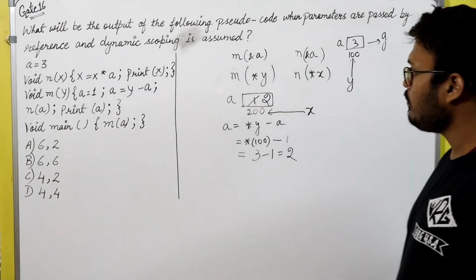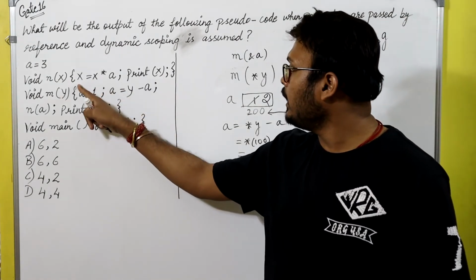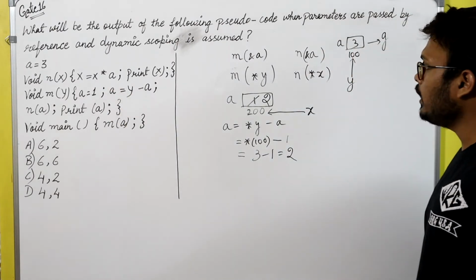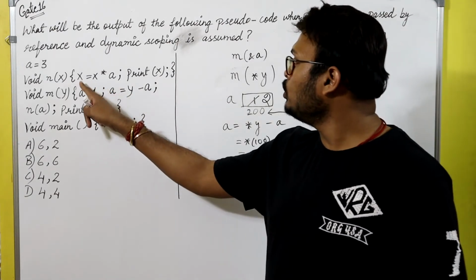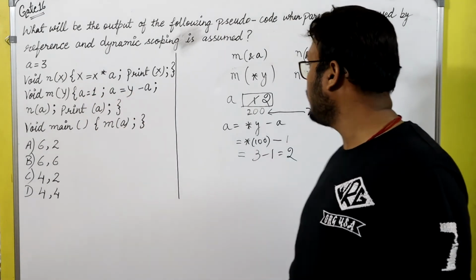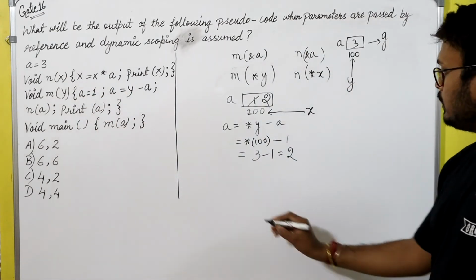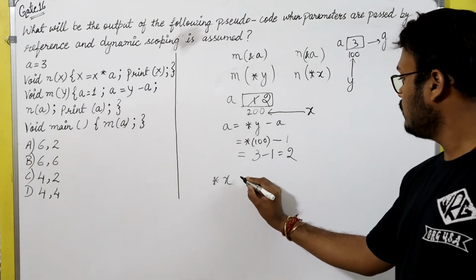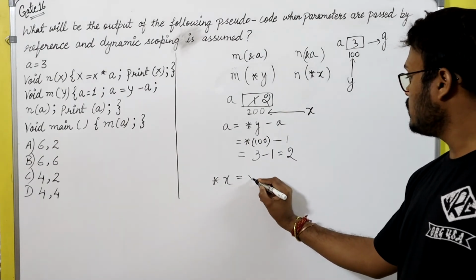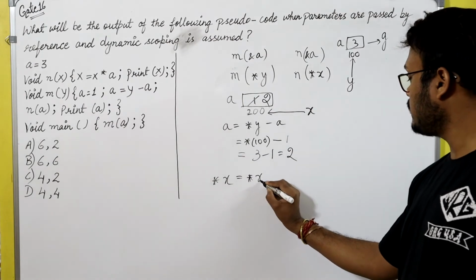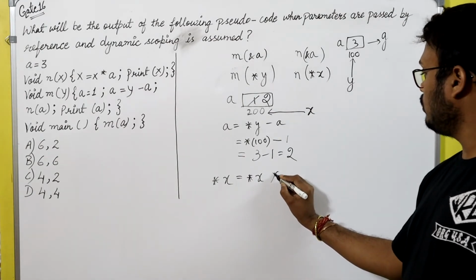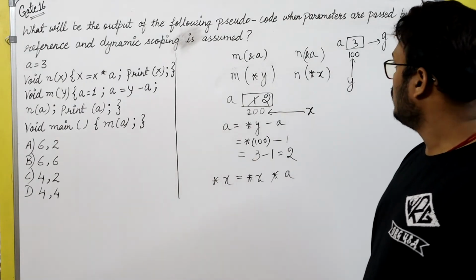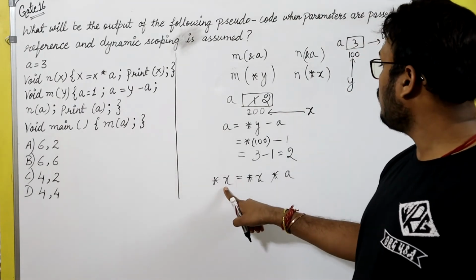Fine. And now what's written here? x is equal to x into A. So you should interpret this line like this. Let me write here: star of x is equal to star of x into A. Now you see, star of x means what?